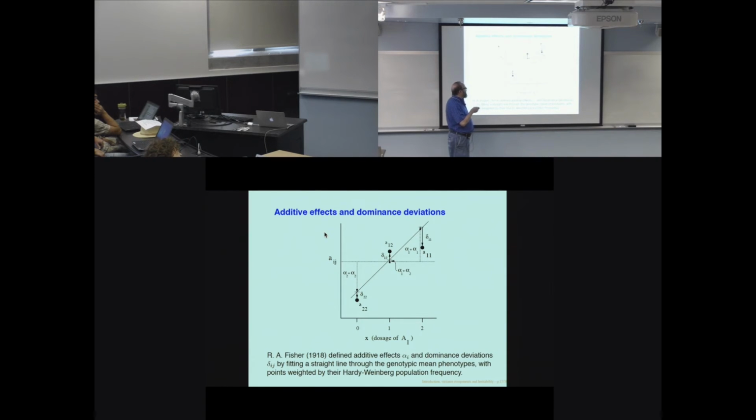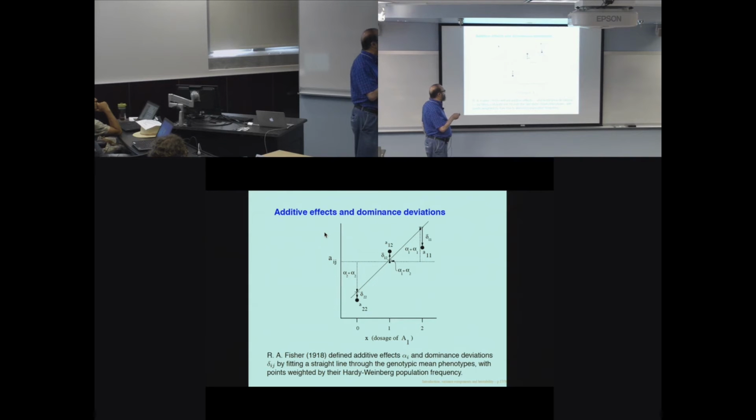Having gotten that, we can define additive effects of the A1 and A2 alleles. And what Fisher said is, well, this departure from the starting point, which might be the population mean, is the sum of two additive effects. This one is this departure here, that is from the population mean to the line, is two effects, alpha 2.